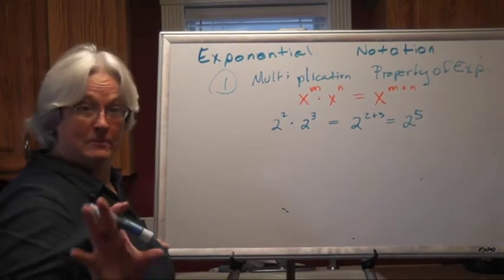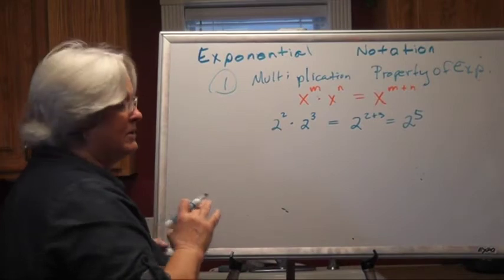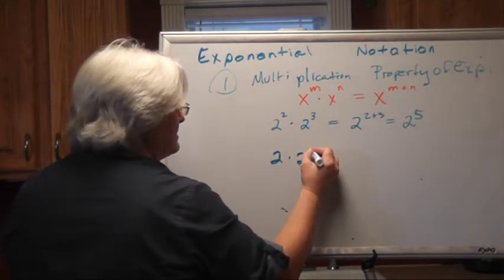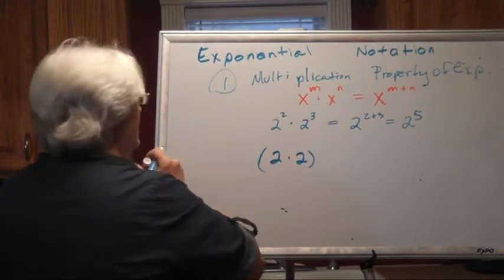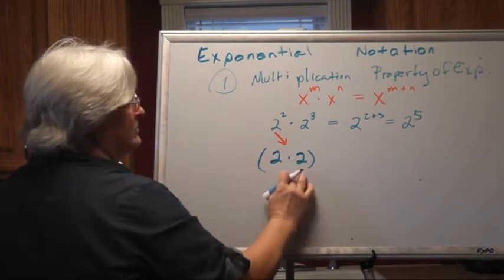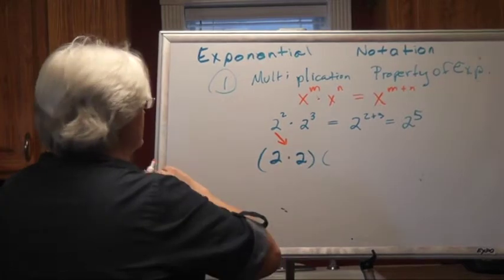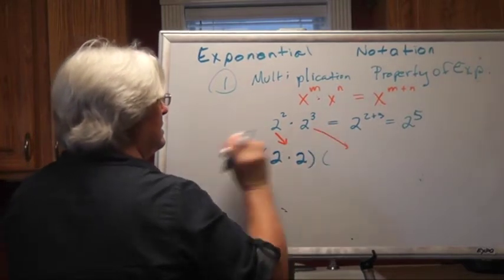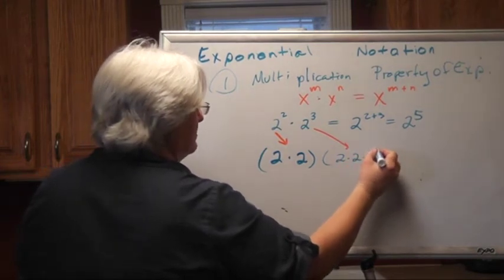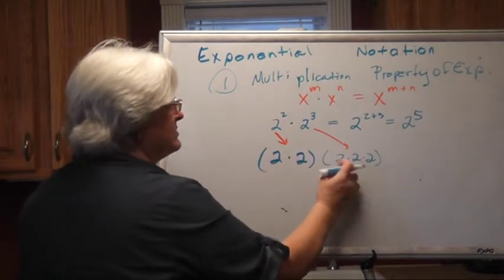Okay? Still doesn't make sense to some of you. Well, let's think. What does 2 squared mean? That means take 2 and use it as a factor 2 times, doesn't it? So 2 times 2. Now, this here says take 2 again, use it as a factor 3 times: 2 times 2 times 2.